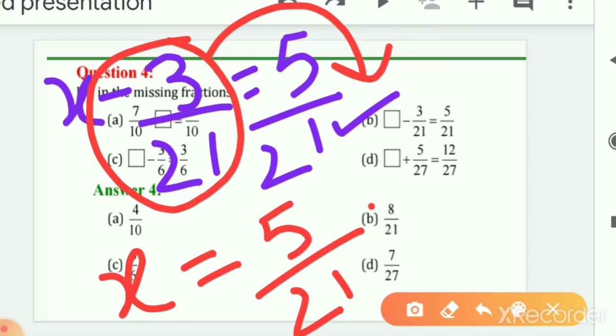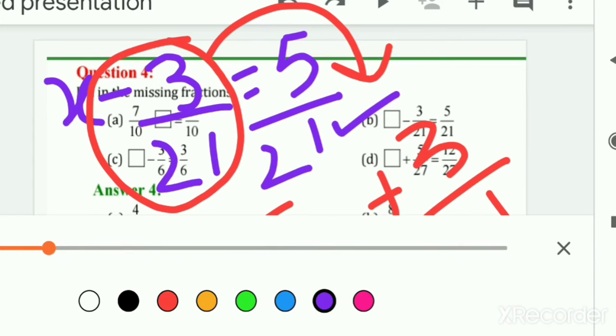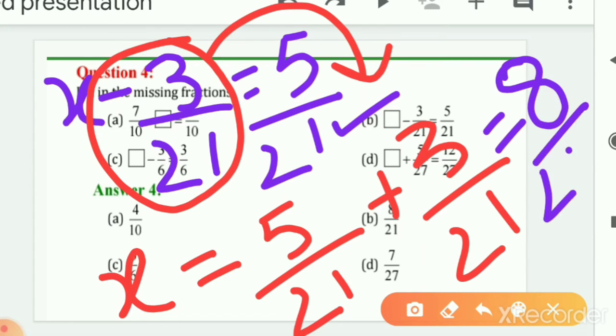This minus 3 will become plus 3 by 21 because we are changing the sides. Whenever we move a term across the equal sign, its sign also changes. So now what will be our answer? 5 plus 3 is 8, so the answer is 8 by 21.